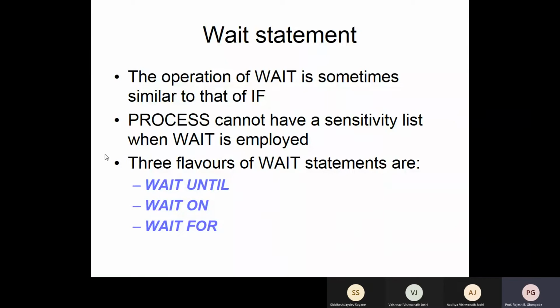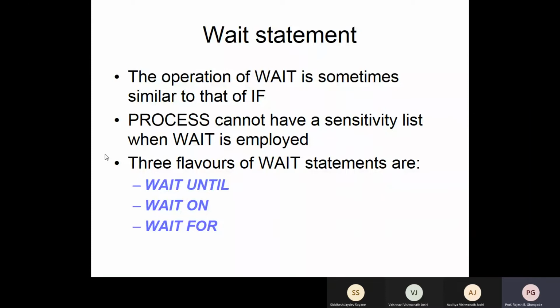And we said that a process cannot have a sensitivity list when we are using a wait statement inside it. So please make sure that whenever you use a wait statement, the process in which it is encapsulated does not have a sensitivity list.